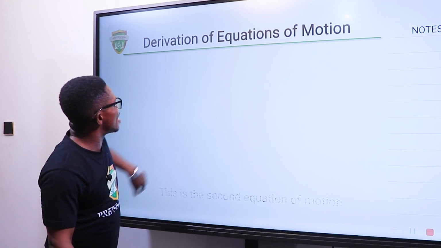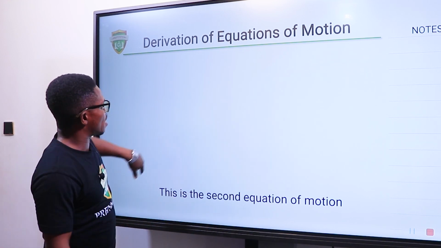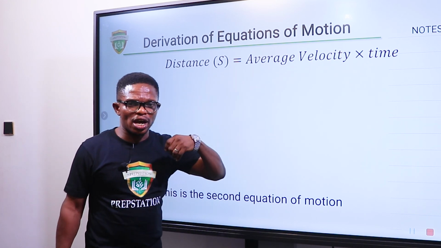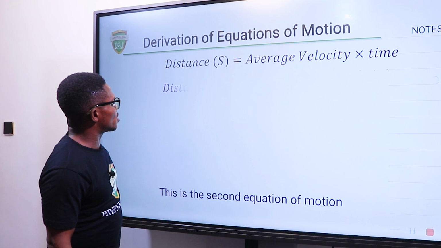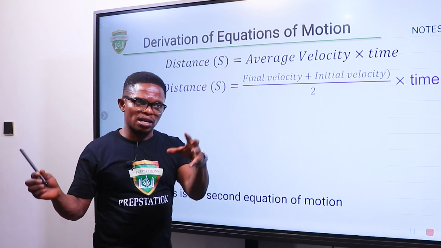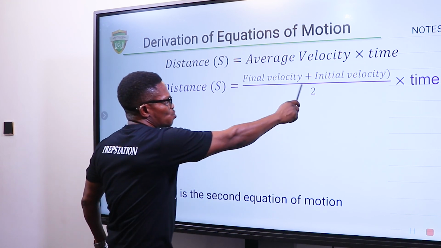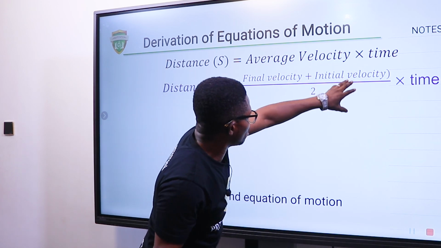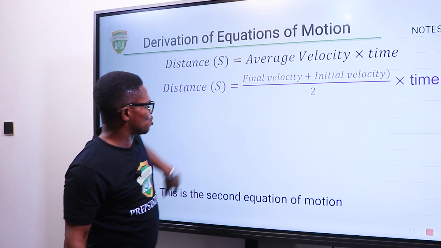So how do we get the second equation of motion? Let's find out quickly. Now, distance is equal to average velocity times time. Average velocity is the algebraic sum of final plus initial divided by 2. Remember how you find average? So distance equals (final plus initial) divided by 2 times time.